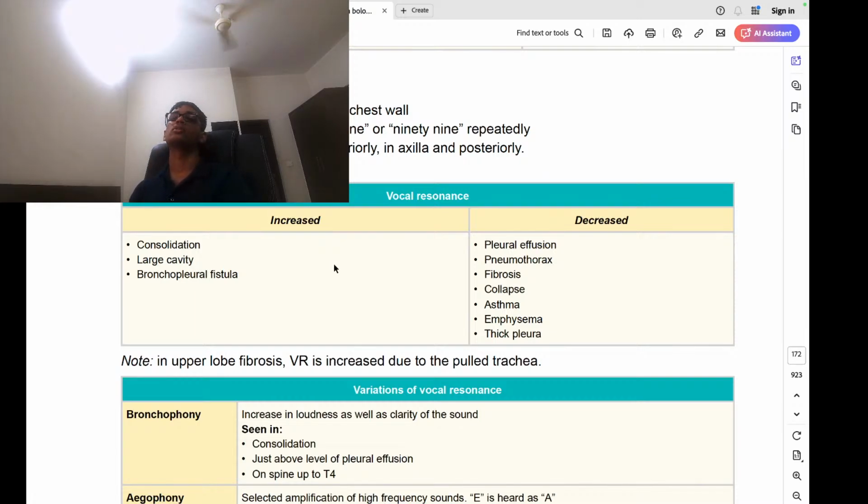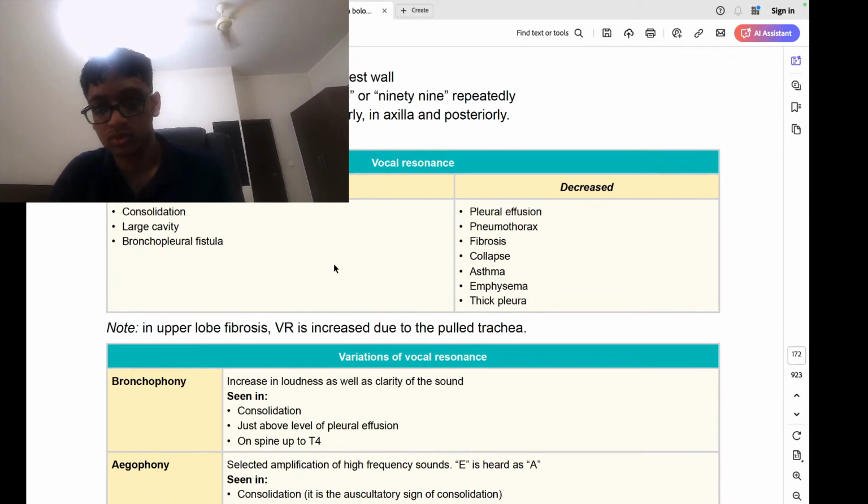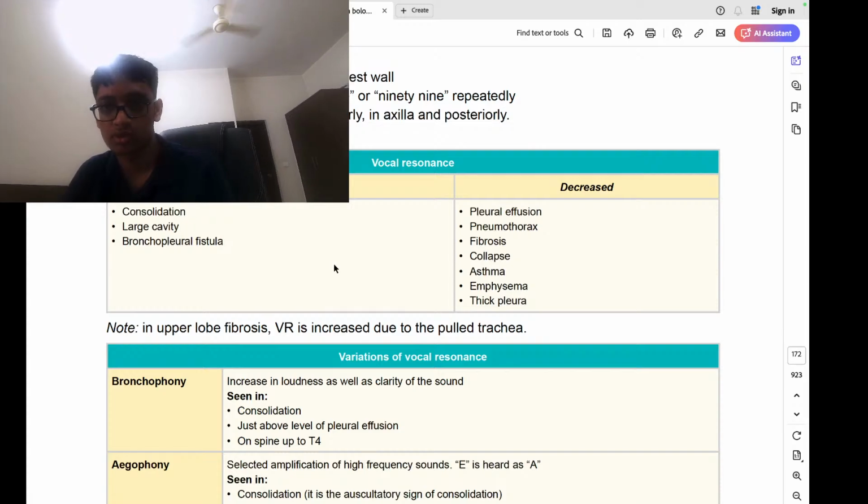It is decreased in pleural effusion, pneumothorax, fibrosis, collapse, asthma, emphysema, and thick pleura. In upper lobe fibrosis, vocal resonance is increased due to the pulled trachea. Fibrosis is generally decreased, but it will be increased in upper lobe fibrosis.